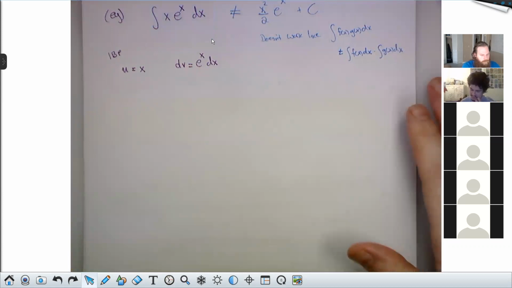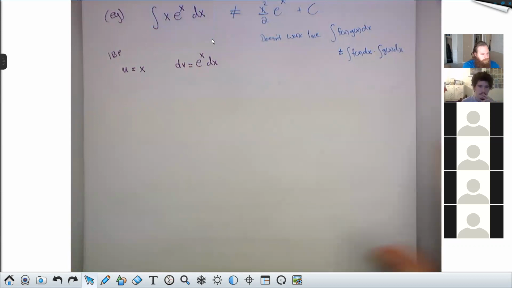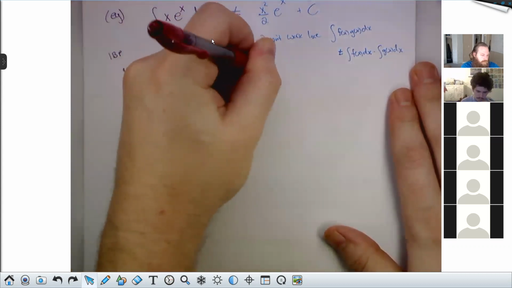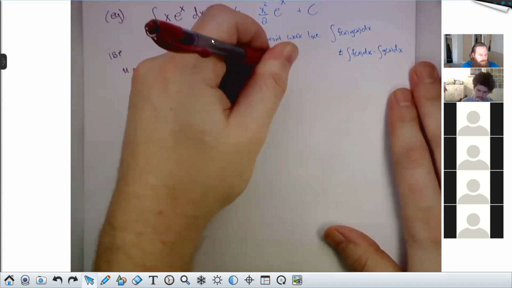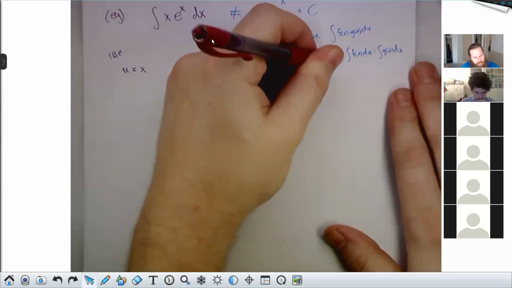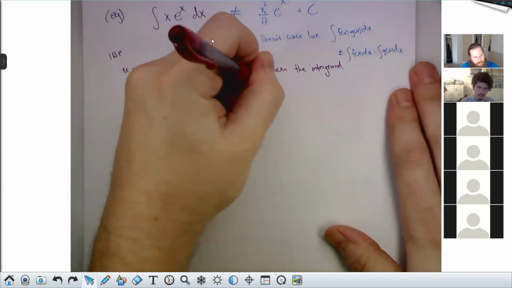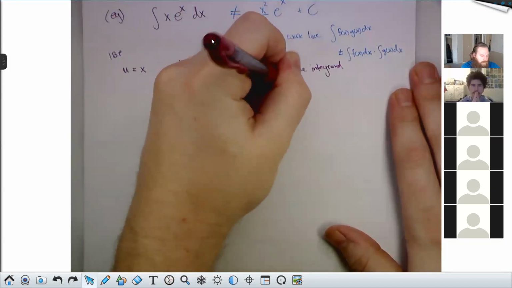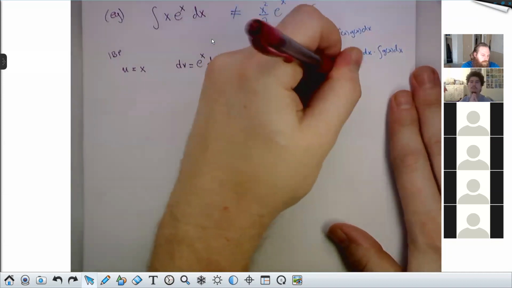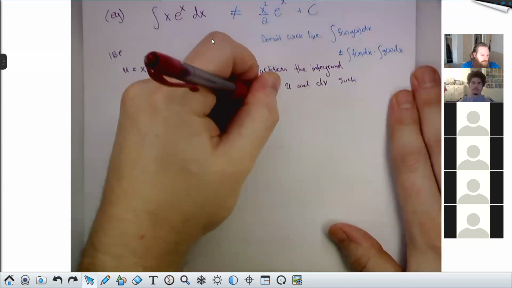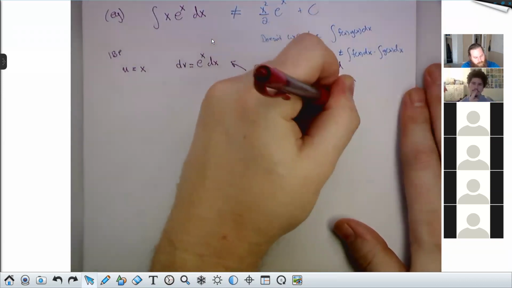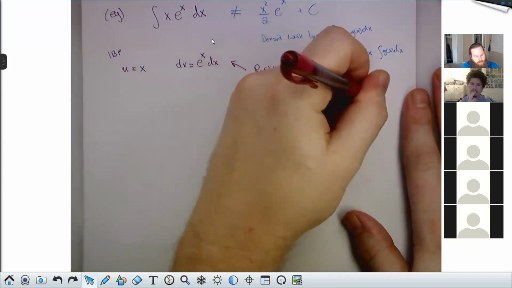So what we do to run IBP, this is called forming a partition or partitioning into u and dv such that u times dv is the whole thing.